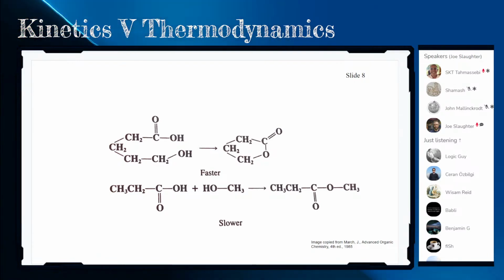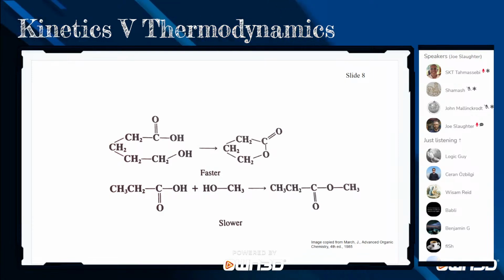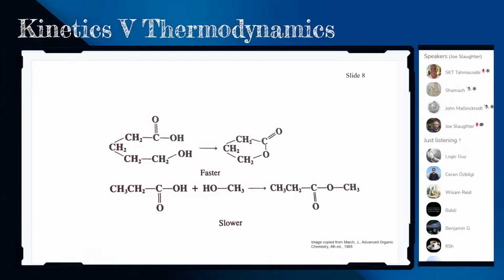But the bottom one is a straight chain molecule, and the top one is a ring. And in a ring, we're going to introduce angle strains, because it's in a ring and it doesn't have the freedom to move about.